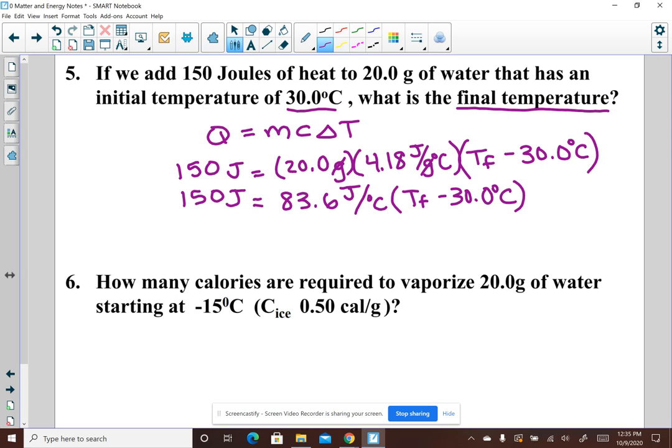Okay. So now I want to get rid of this 83.6. I want to divide both sides by 83.6 to get rid of it. So if you do in your calculators 150 divided by 83.6, you should get 1.8 degrees Celsius, because now my joules are canceling out, equals T final minus 30.